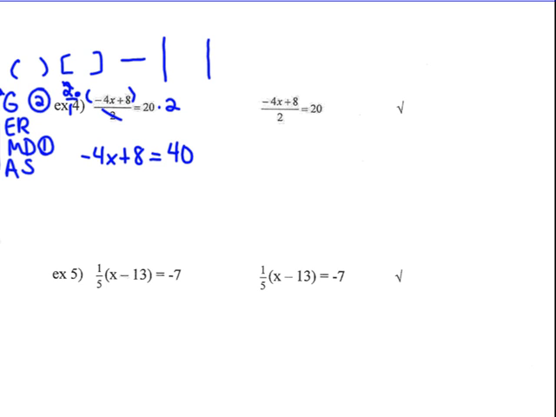Now I have two operations. I have multiplying my x by negative 4 and adding 8. Now I'm going to do that subtraction of 8, because it's not 8 divided by 2 anymore. It's just the whole number 8. I cancel those 8s out, and I get negative 4x equals 32.